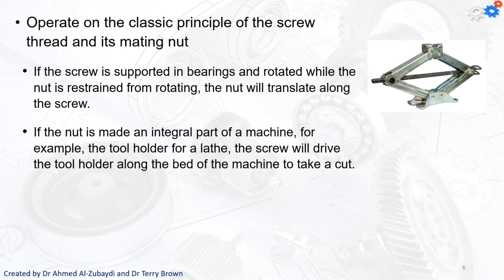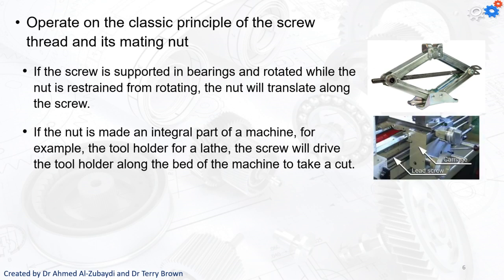And if the nut is made an integral part of the machine, for example, the tool holder for the lathe machine, the screw will drive the tool holder along the bed of the machine to take a cut. And that's what we talked about earlier. That's the lathe machine, and that's the lead screw. And we have the carriage carrying the tool post, which is going to be moving forward and backward according to the rotation of the screw.